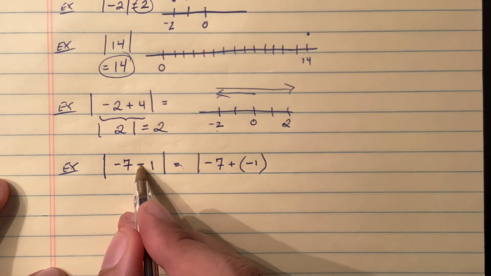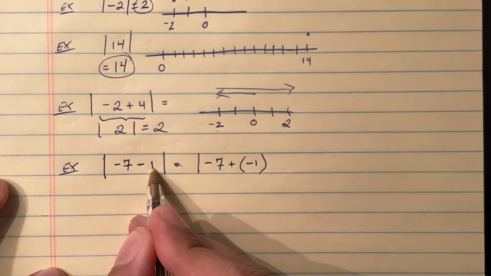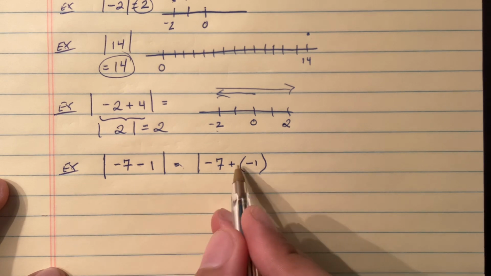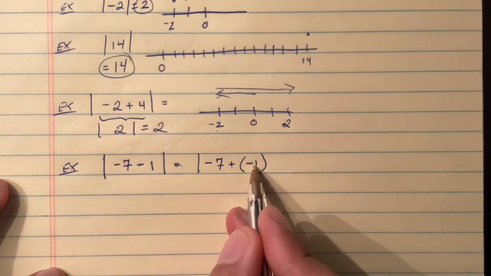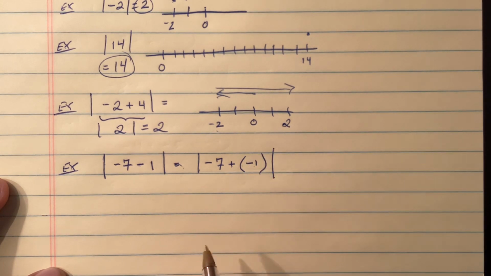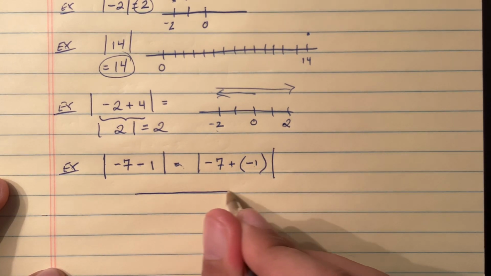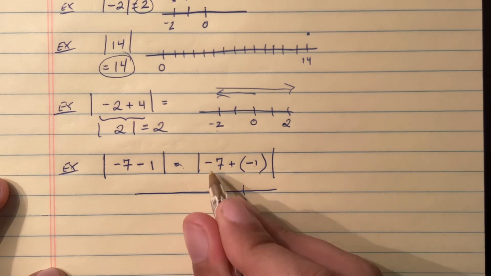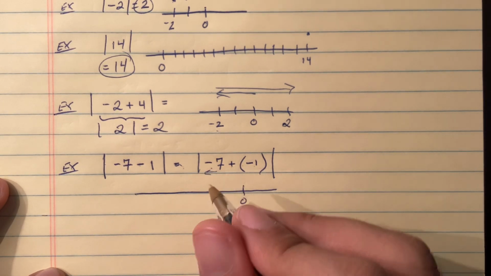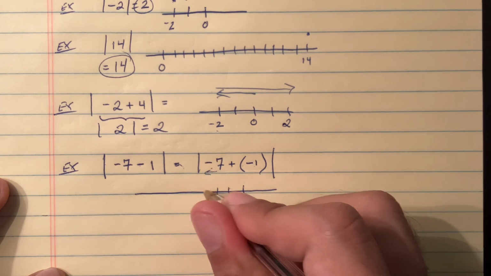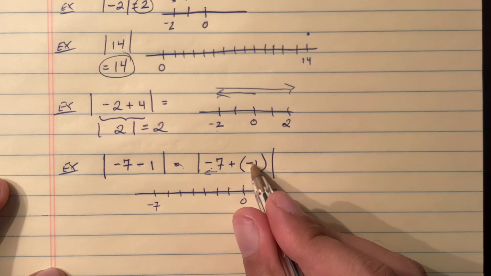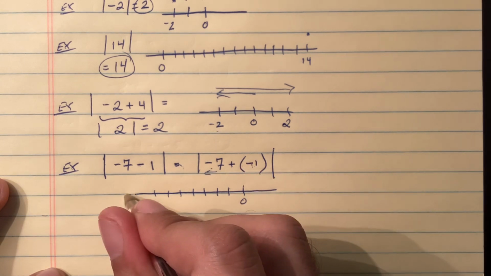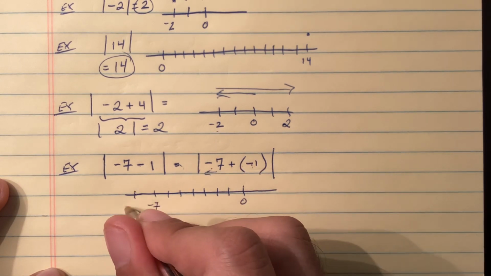So before this was minus +1. Now we're changing the minus to a plus, and the +1 becomes opposite, so -1. All right, so make our number line. -7, we're going to go to the left 7. 1, 2, 3, 4, 5, 6, 7. And then we're going to go one more to the left because it's -1.